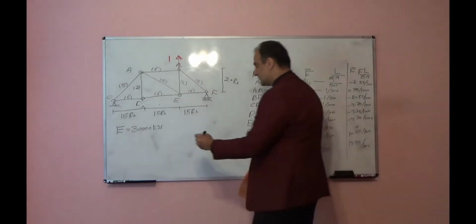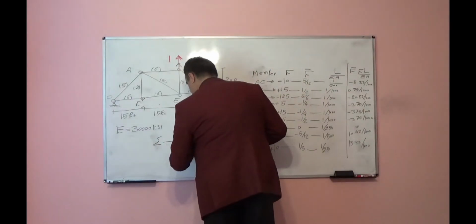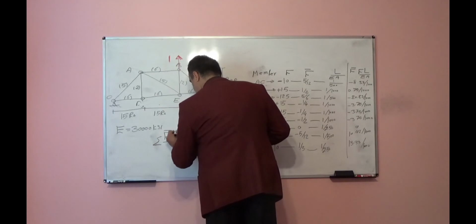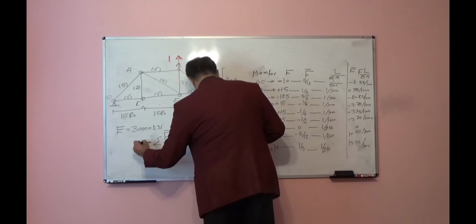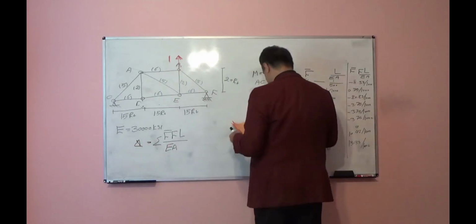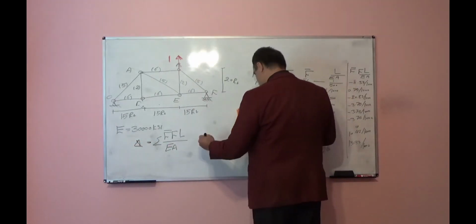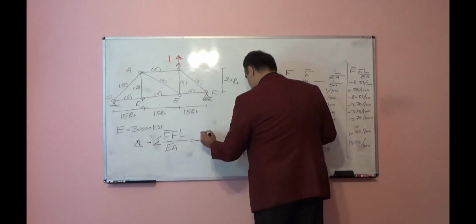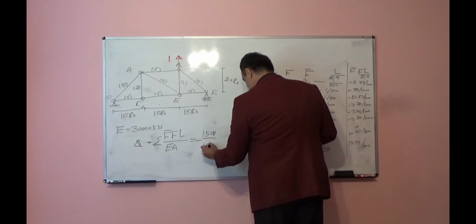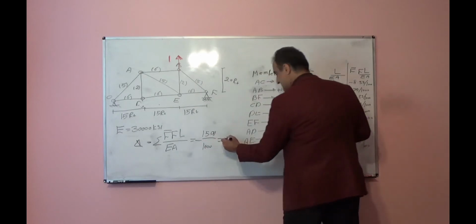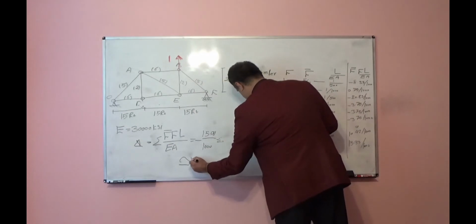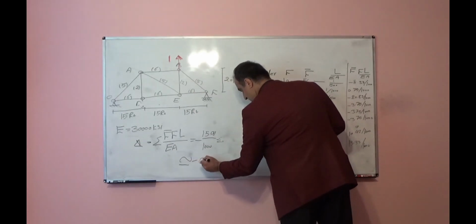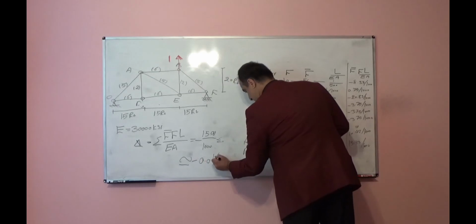It means you will find summation of F bar, F, L over E, A. That will give us the delta. That will be negative 15.91 divided by 1000. It means roughly, this is equal to negative 0.016 inch.